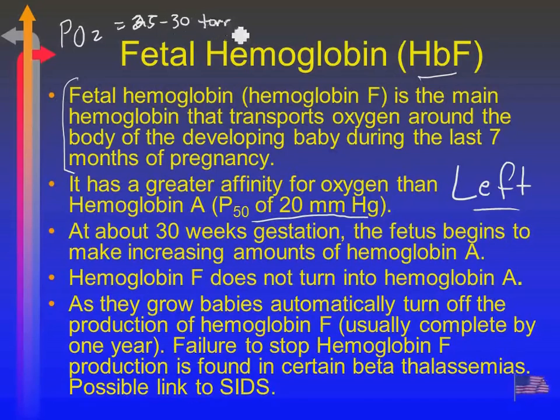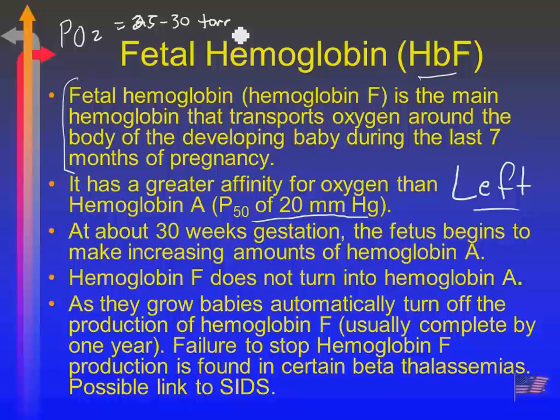So mom transporting oxygen across the placenta into the baby, it's not a real great system. I mean, obviously it's good enough that we all ended up here, but there's a very drastically low arterial PO2 present, so that we end up having to have a hemoglobin molecule that has a huge affinity for oxygen.